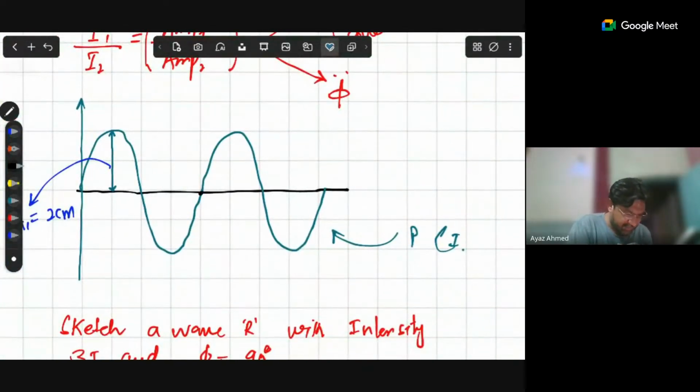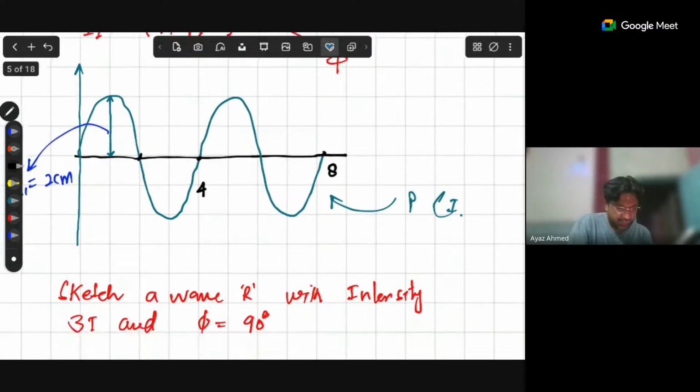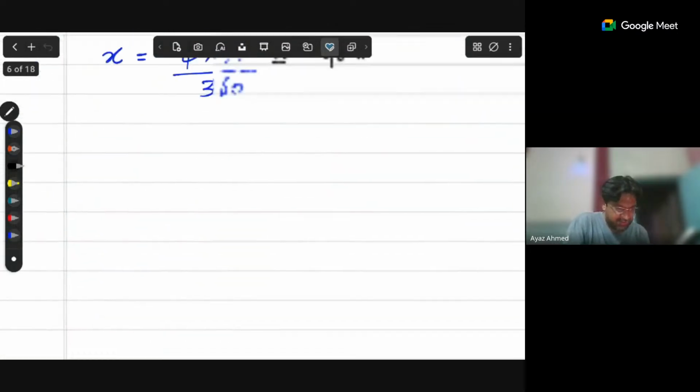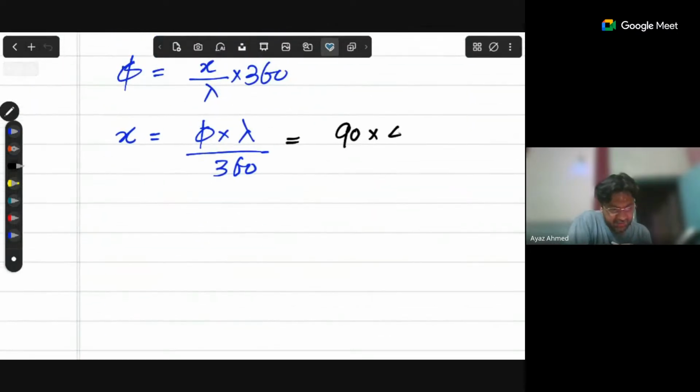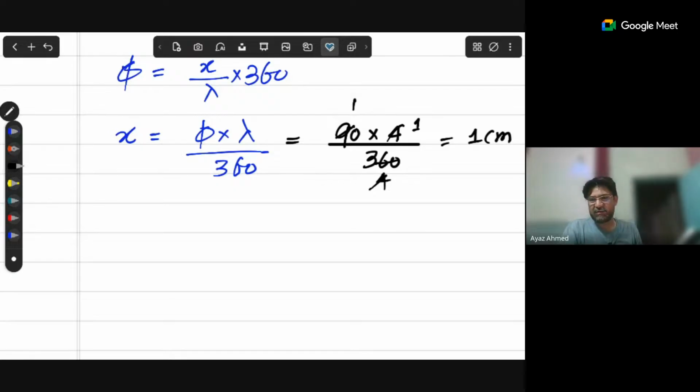I can consider lambda as, let's say, 2 squares, 4 squares, that is 8 squares. So 4 squares is the lambda. Let's put the value 4 here and divide by 360. So what would that be? 90 into 4 over 360 is 1. So it means that both waves are apart by 1 centimeter from each other, right?